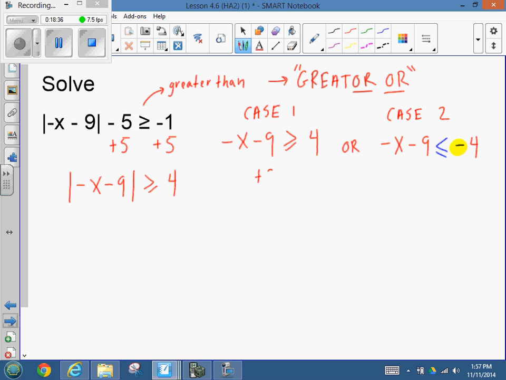These are easy problems to solve once you get the setup completed. First step, add 9 to both sides, and negative x is greater than or equal to 13. To get x alone, we're going to divide by negative 1 on both sides. But we notice that we're dividing by a negative, and I told you earlier that every time you divide by a negative, you must flip around the sign, and x is less than or equal to negative 13 is half of your solution.